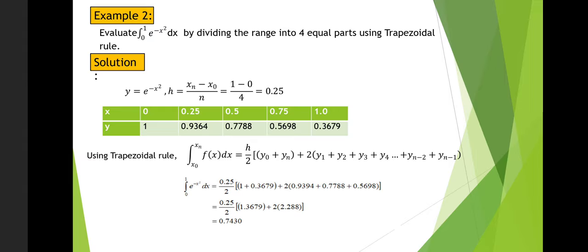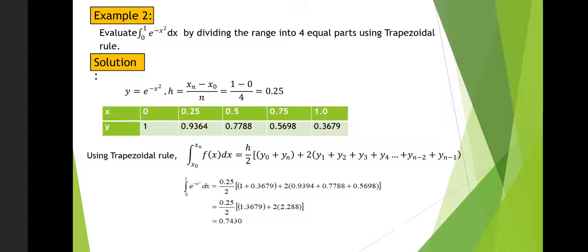Next, example 2. The question is to evaluate the integral from 0 to 1 of e power minus x square dx by dividing the range into 4 equal parts using the trapezoidal rule. The interval is from 0 to 1 and it is divided into 4 equal parts.